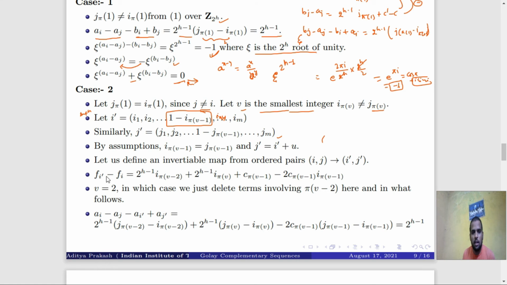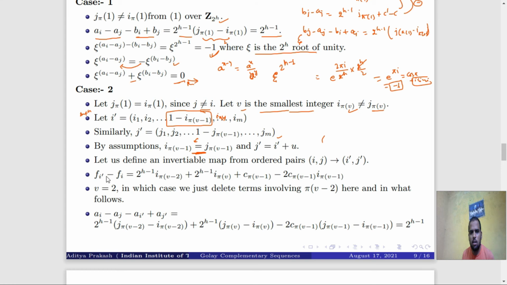And by the injection we know that the smallest integer is v, but v minus 1 is equal, because v is the smallest, and before the v all terms are equal. That's why i pi v minus 1 is equal to j pi v minus 1, and similarly j dash is equal to I dash plus u.